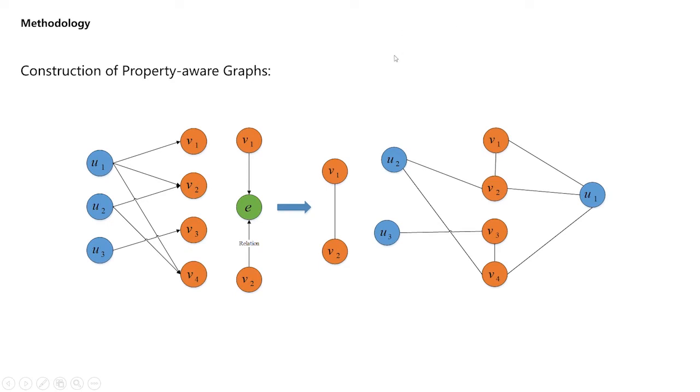In KPG4Rec, we construct several different property-aware graphs on the corresponding relationships. These relationships of properties extracted from the knowledge graph are the most commonly used in the real world. For example, director, styling and cinematography in the movie field.